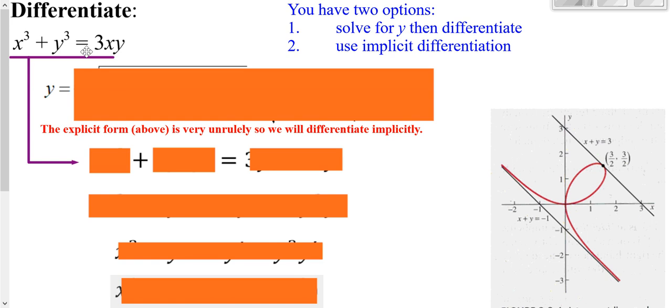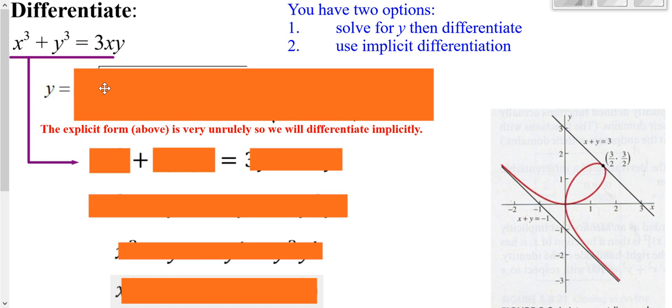So consider this problem here. Now, we could do implicit differentiation. We could do explicit. But if it's explicit, you'd have to solve it for y. At this point, I'd be surprised if you knew how to solve it for y.